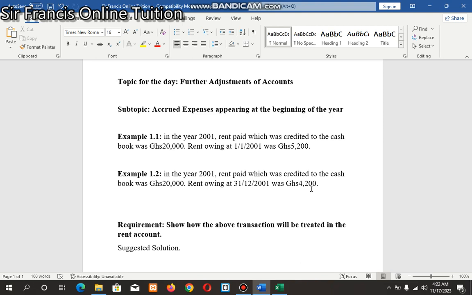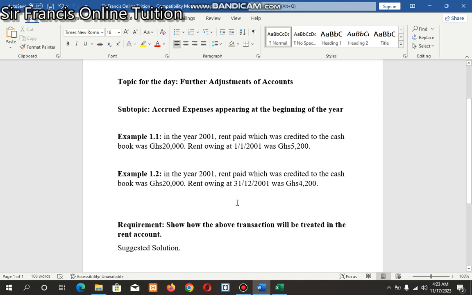If you want to know your profit for 2001, you have to match all your expenses in 2001 against the revenue that you earn in 2001. That's the principle we are following. So here we are using the matching concept.